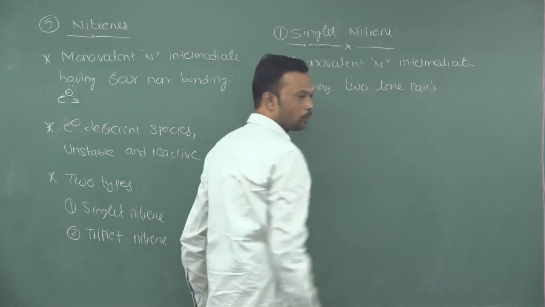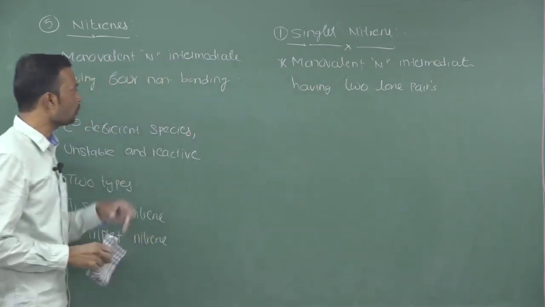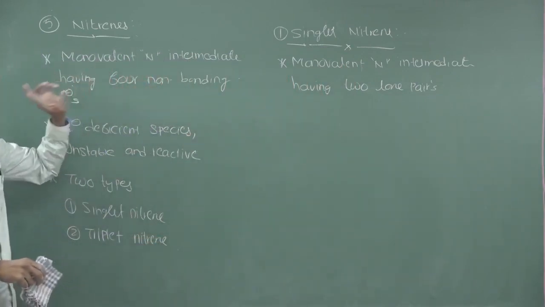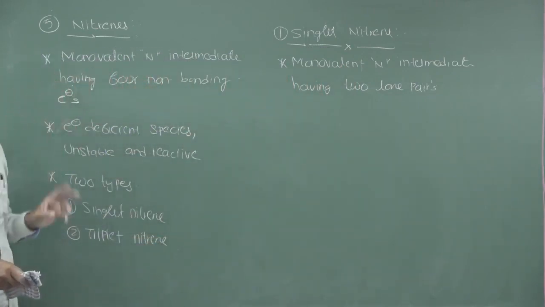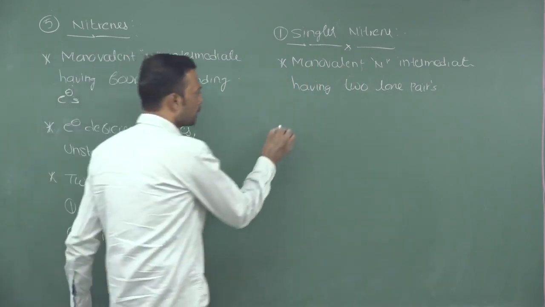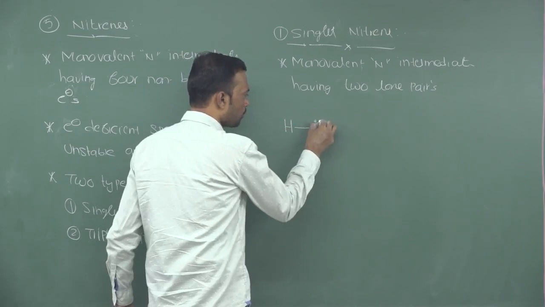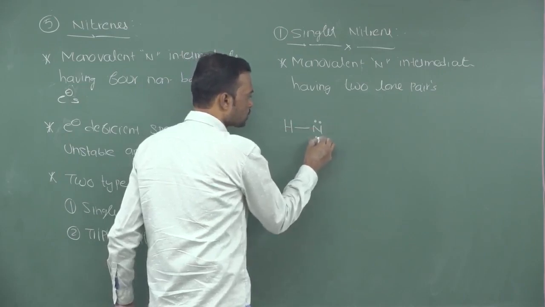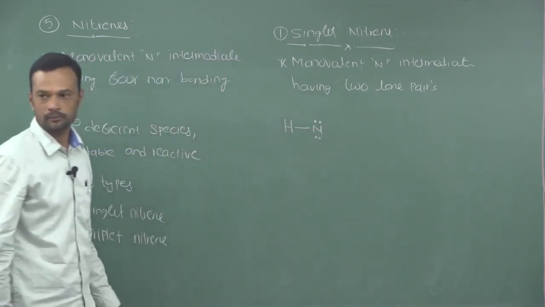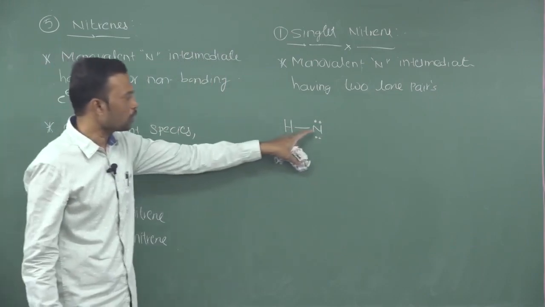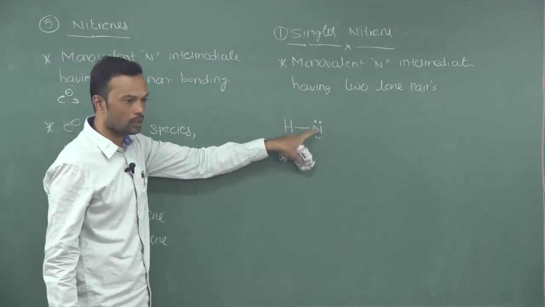Now, 4 non-bonding electrons are present, but those 4 non-bonding electrons exist in the form of 2 lone pairs. So, can I write like this? This is hydrogen connected to nitrogen. This nitrogen carries how many? 2 lone pairs of electrons are present. This is called singlet nitrene. Monovalent nitrogen having 2 lone pairs of electrons.